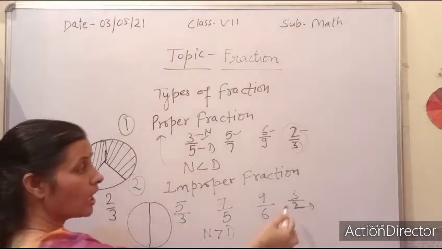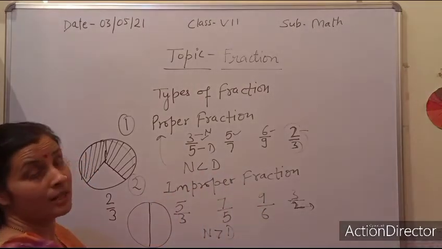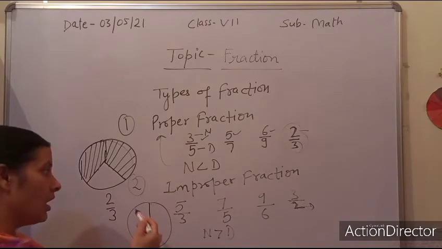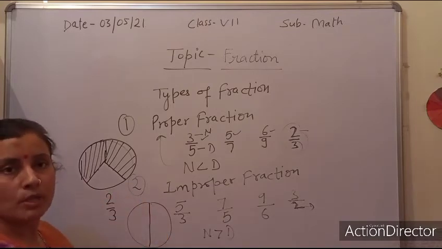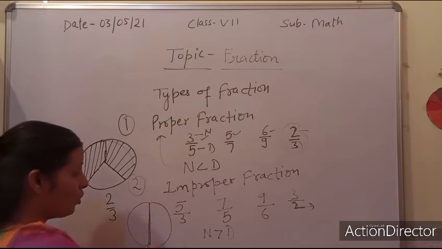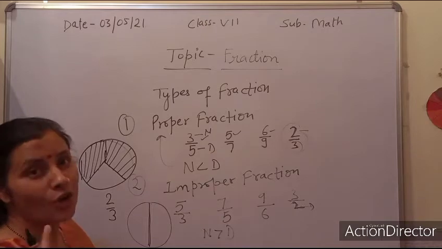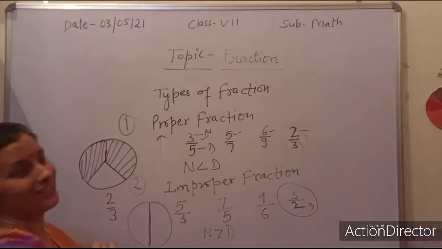Now according to the condition, 3 means you can take 3 parts. Is it possible? You have divided the chapati into 2 parts and you take 3. How is it possible? Parts are 2, how can you take 3? It's not possible. That's why it is called an improper fraction.